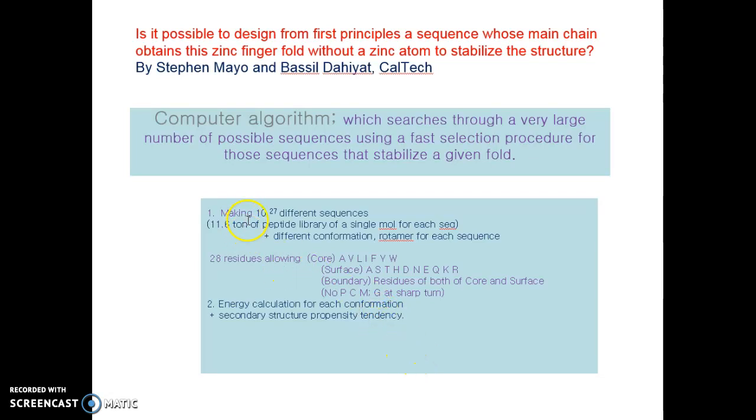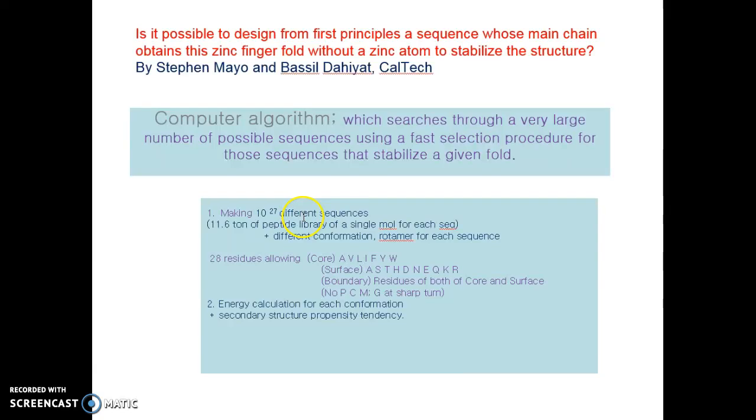They made 10 to the 27th different sequences, allowing certain residues at core positions, certain residues at the surface, and some limited residues at the boundary. They didn't use proline, cysteine, and methionine, but they used glycine at very limited positions.